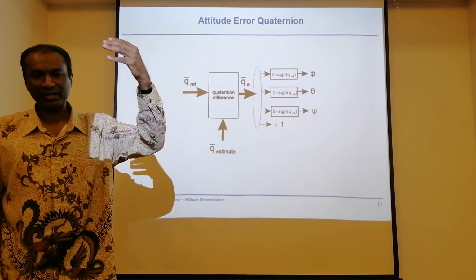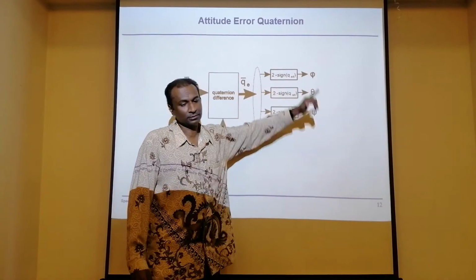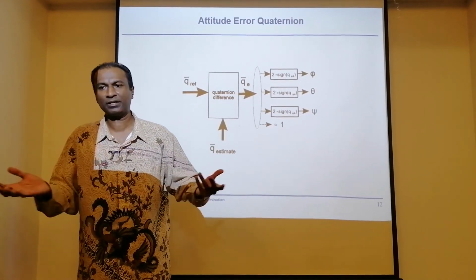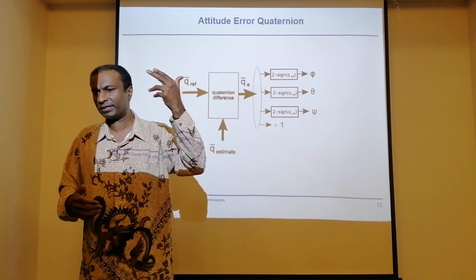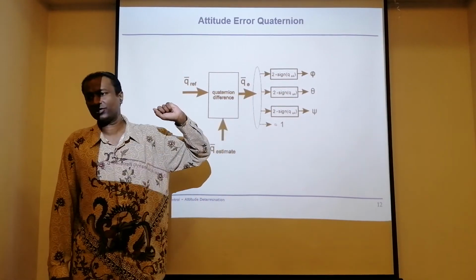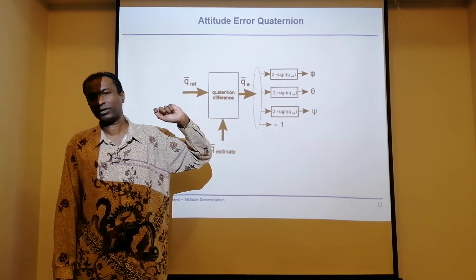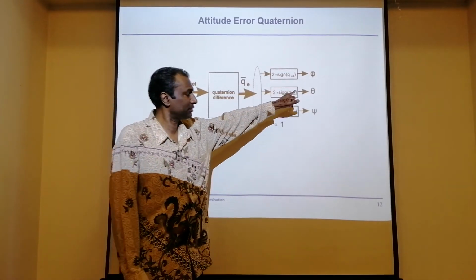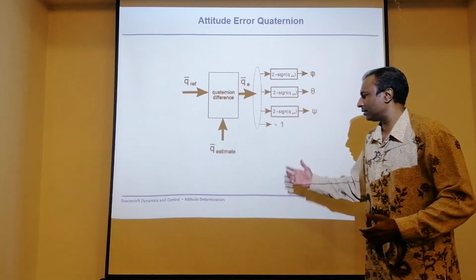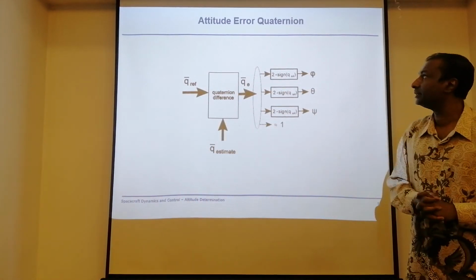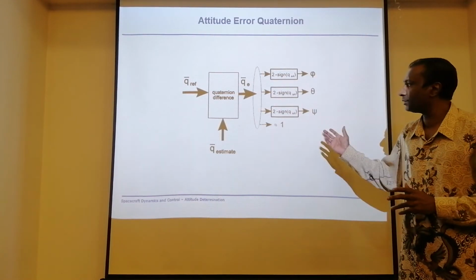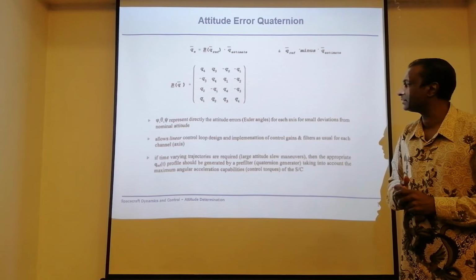Then whatever I measure, I have already a control loop, for example the control loop of the reaction wheel. So my reference will be 0, and whatever I estimate as the deviation quaternion, I can get all those attitudes, so I can correct them accordingly. Think of that. We will see the last slides.